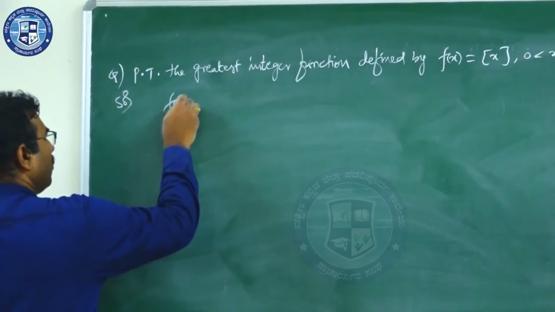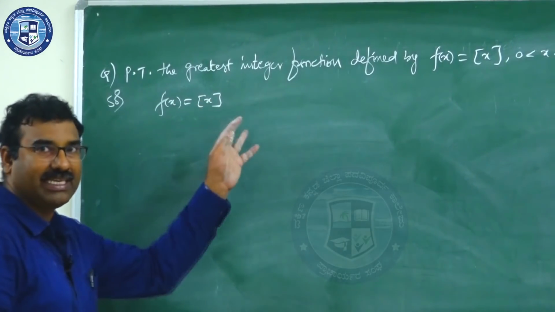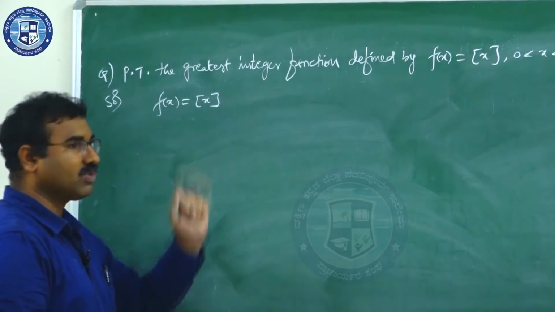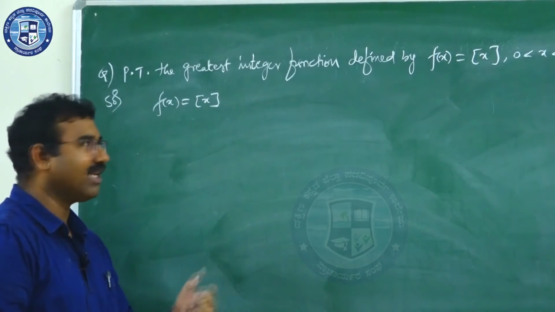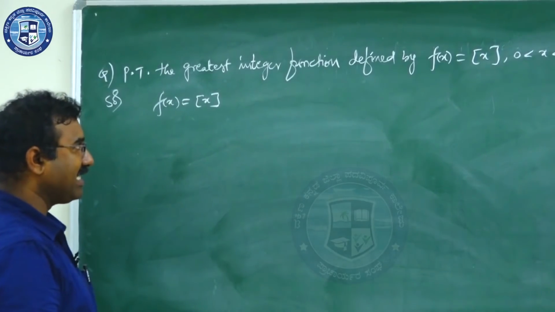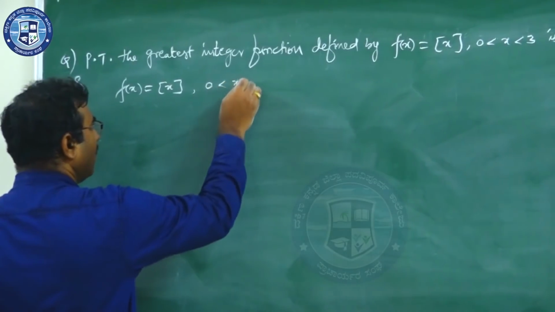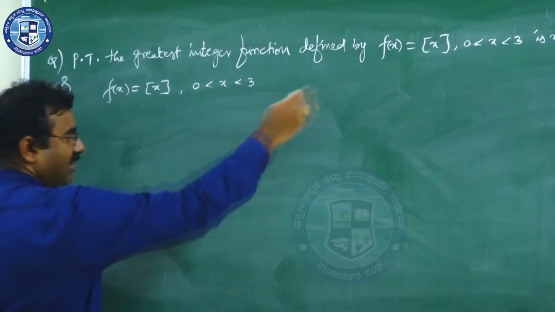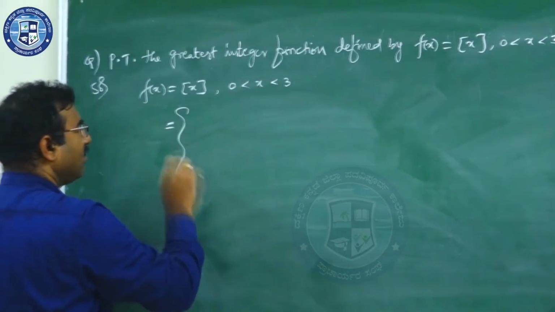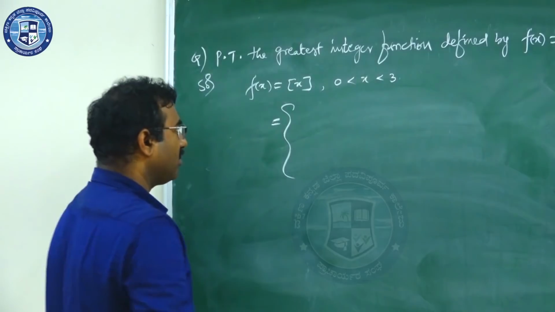f(x) is equal to box x, the greatest integer less than or equal to x, right? Box x gives what? It's the greatest integer less than or equal to x. So here they mention 0 less than x less than 3. So up to that extent they have defined this. Now I just split this function based on its definition.